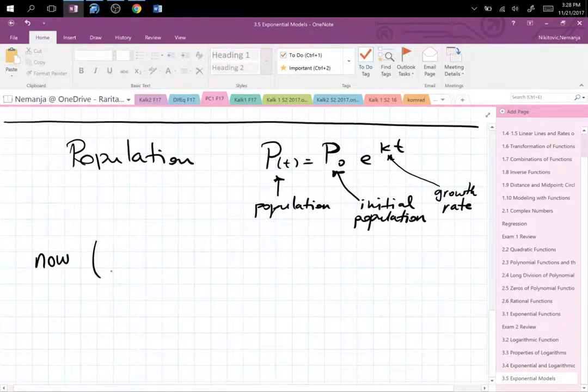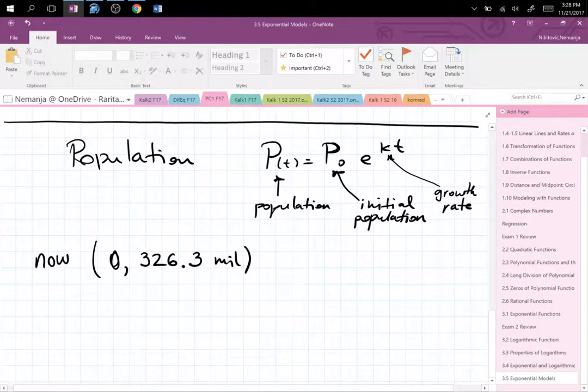So now means t is 0. And we have 326.3 million.